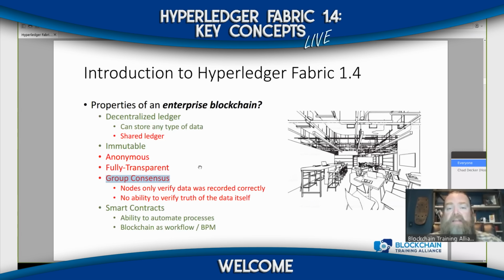When you get into the Hyperledger world, we move away from group consensus and we move towards participant consensus, simply gaining consensus from the participants in a transaction and no one else. And then finally, smart contracts, this ability to add my own logic into a solution, to use blockchain as a workflow or BPM platform.